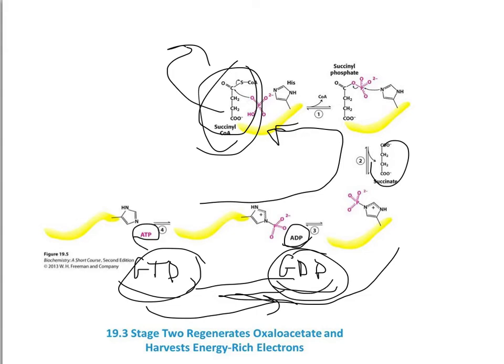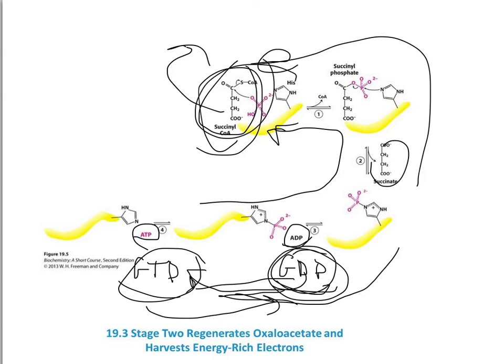You can also run this with GDP going to GTP, and this GTP can be converted to ATP, like I said before, or sometimes this reaction runs backwards when we need to make a metabolic precursor to make a molecule. So when we have plenty of energy, as we'll find out, the intermediates from the Krebs cycle can actually be siphoned away and used to make other molecules.